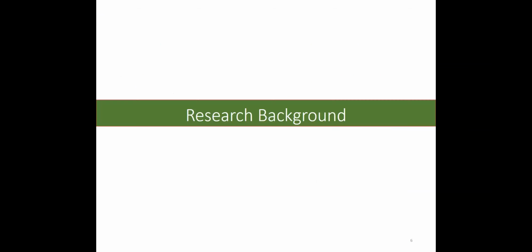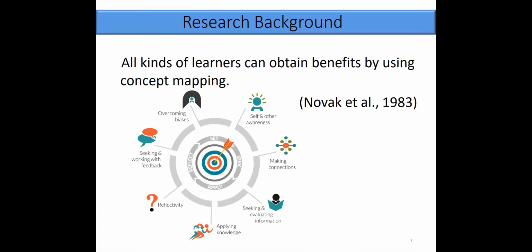So I will come to the next part, the research background. Here, we can see that all kinds of learners can benefit a lot by using concept mapping. When adopting concept mapping in reading, the learner has to identify the concept of the topic, working from characters to words, sentences, paragraphs, and arrange concepts around the main concept.